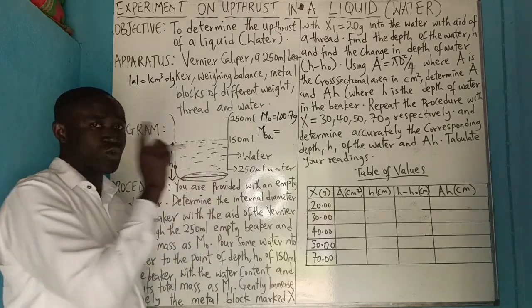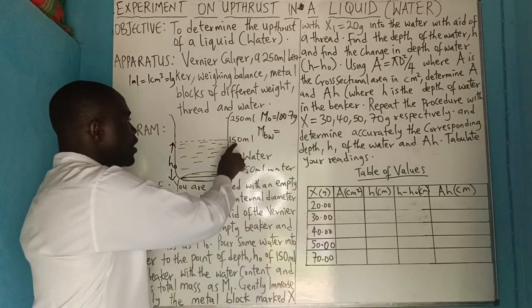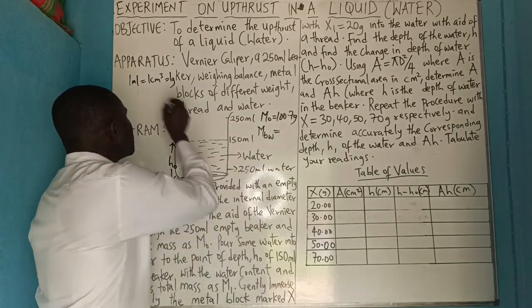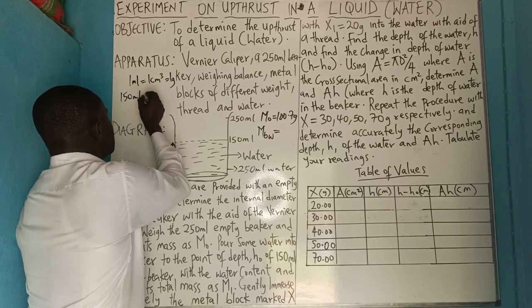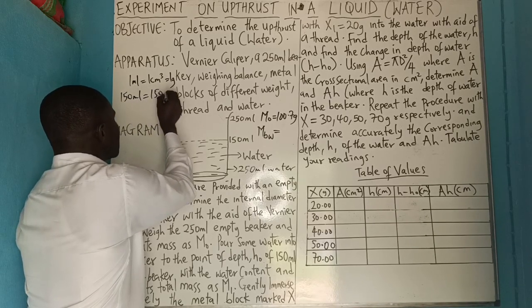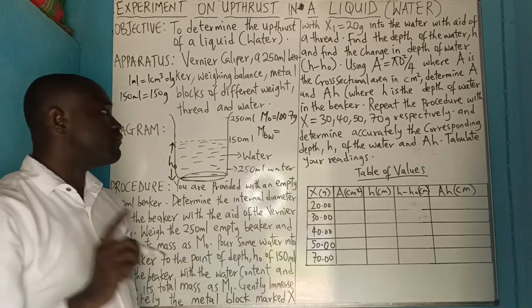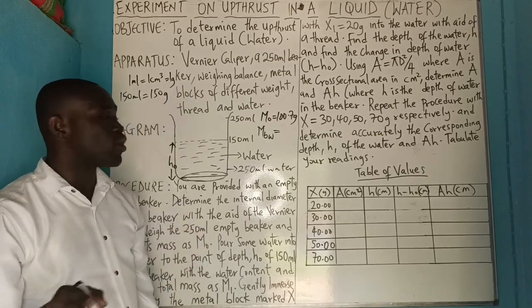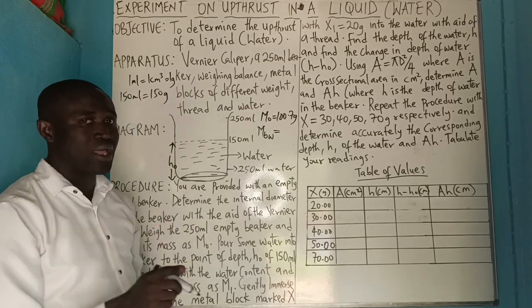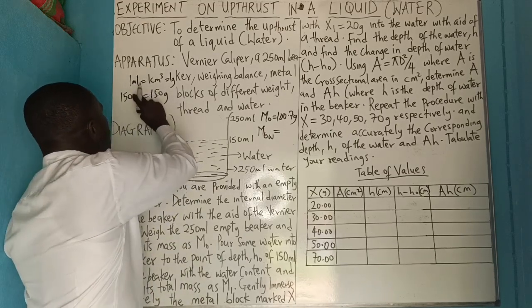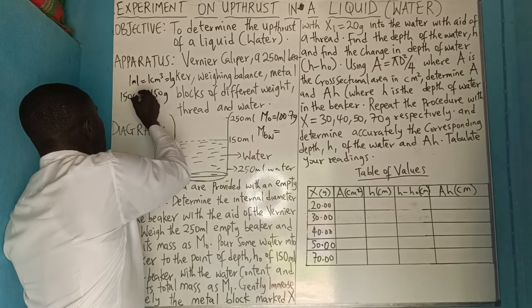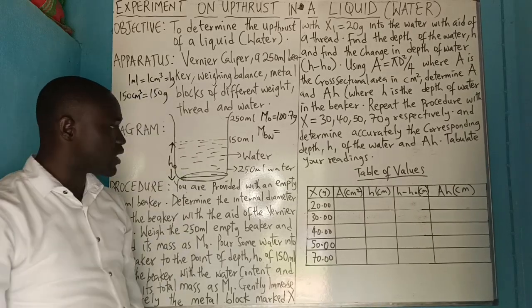Density of water is 1, volume is 150. So 1 times 150 means this 150 ml is equivalent to 150 gram of water. From density times volume equals mass, and density of water is 1 gram per cm cube, you multiply and it gives you 150 gram.